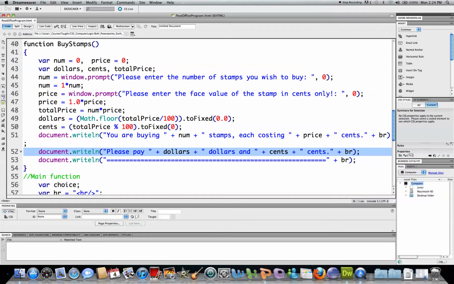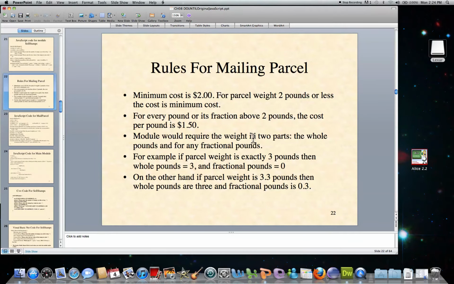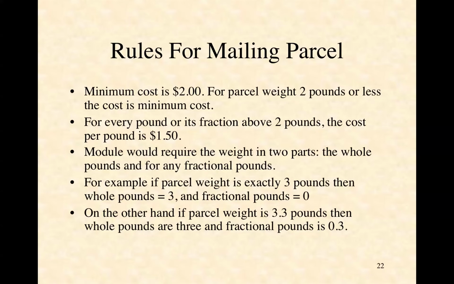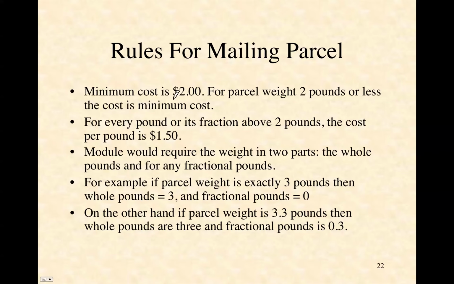So we go back to PowerPoint and show you the second module, and that would be here. First we explain the rules for mailing a parcel. And these are the rules. You can change those rules to fit any other situation. So the rules are that the minimum cost is $2 for a parcel weighing 2 pounds or less.